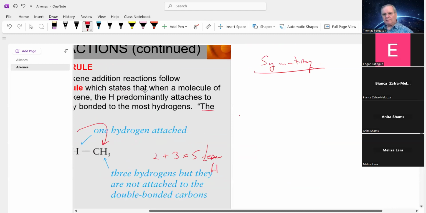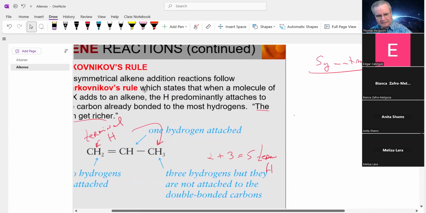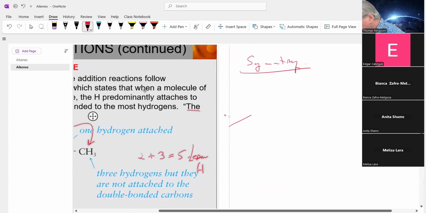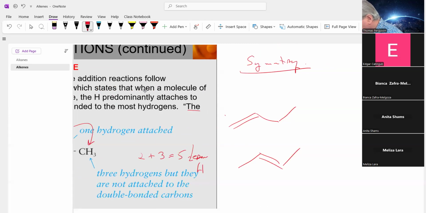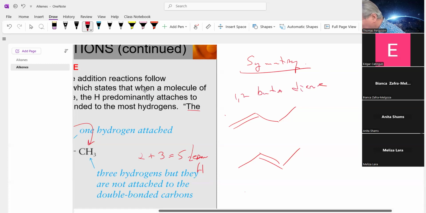Nature loves symmetric molecules more than unsymmetric molecules. So, for example, if we are looking at a 1,2-butadiene and 2,3-butadiene, which is more stable?